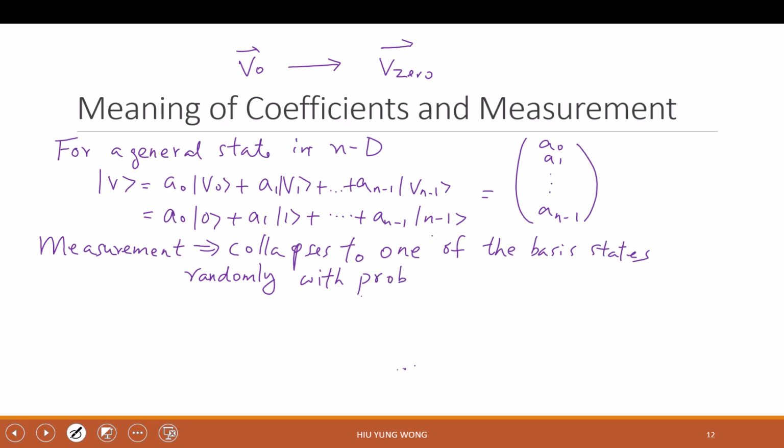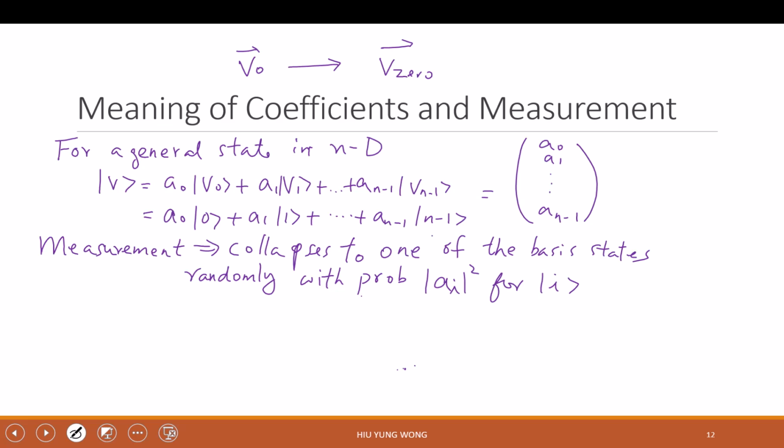With a probability of Ai squared for, let's say, state i, right? I'm using 0 to n minus 1. So it collapses to i, for example, collapses to 1 with A1 squared, with this probability.